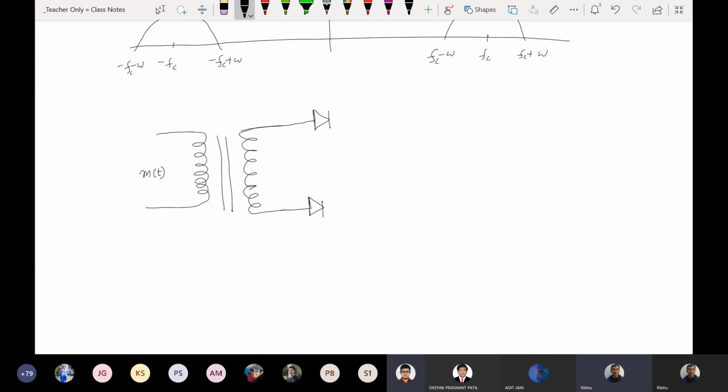Transformer. Yeah, just confirming. Yes, you have done this in rectifiers, so you would know. Excuse my drawing.